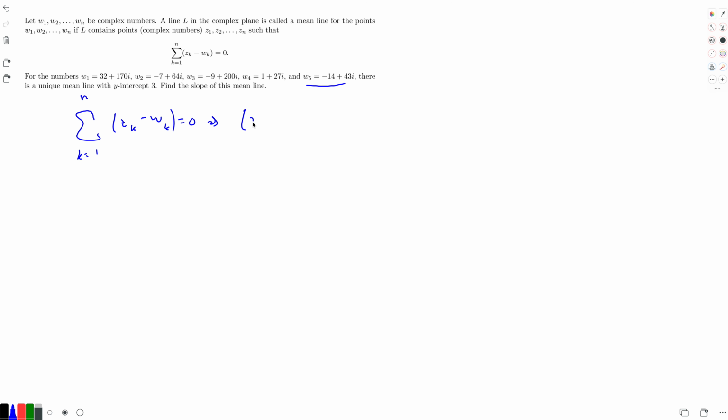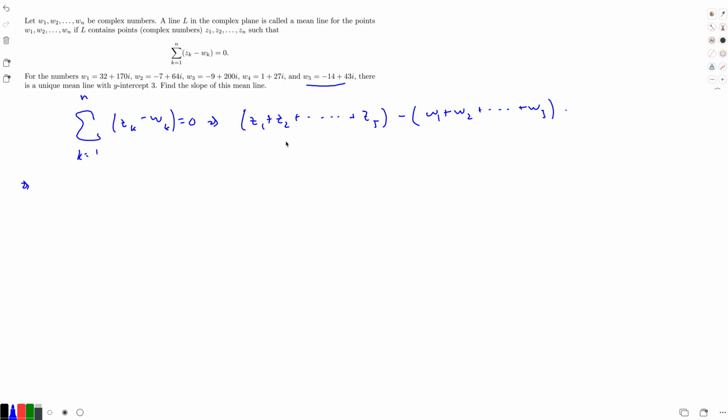So we can now regroup this as z1 plus z2 plus all the way until zn, minus w1, w2 all the way until wn, right? So we can find complex numbers z such that this is satisfied. We have a mean line, right? Okay, so all we did here was apply the summation definition and regroup terms.